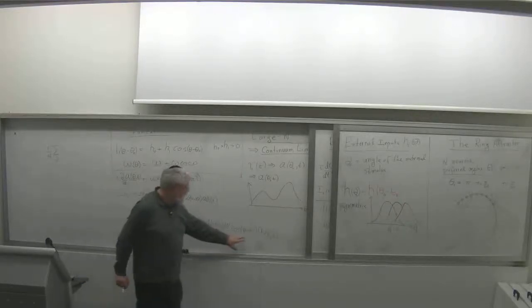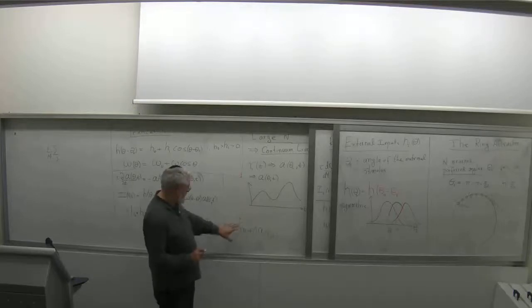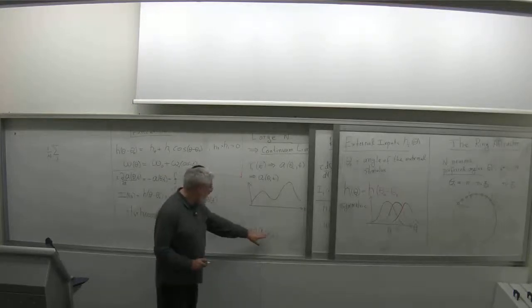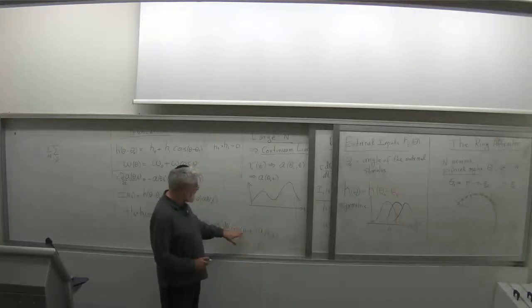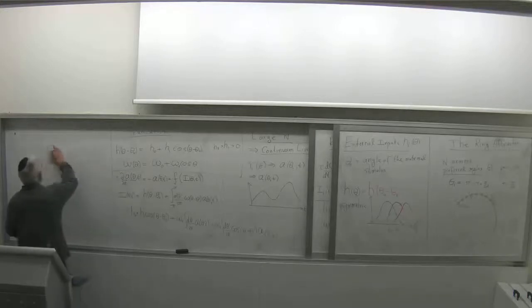This second term is kind of ugly, so we have to unpack it a little bit. The reason is that there is a of theta prime, but here there is cosine of theta minus theta prime. So let me write it in the following way.